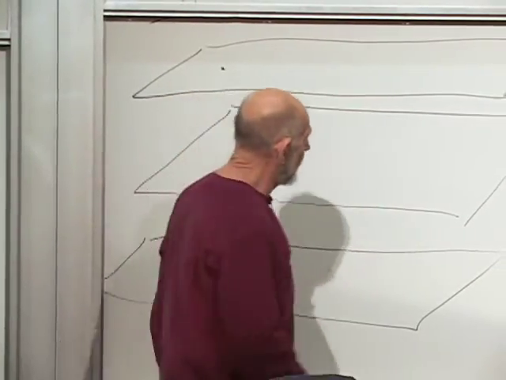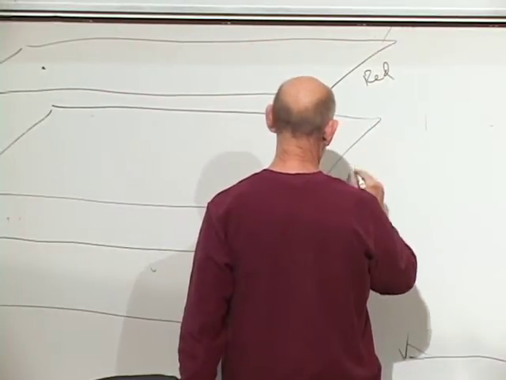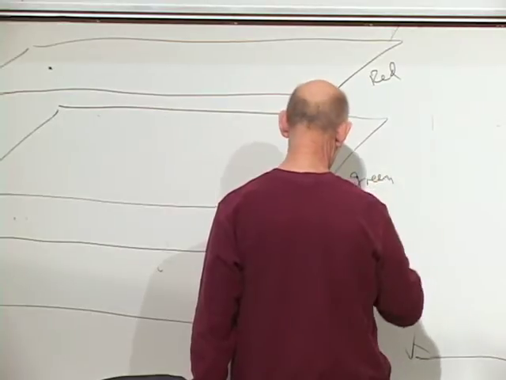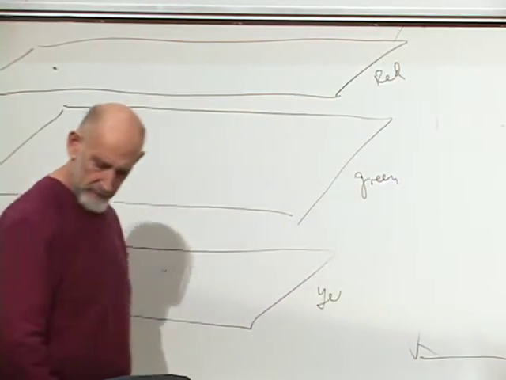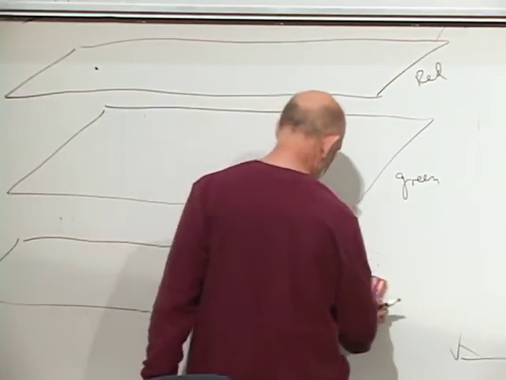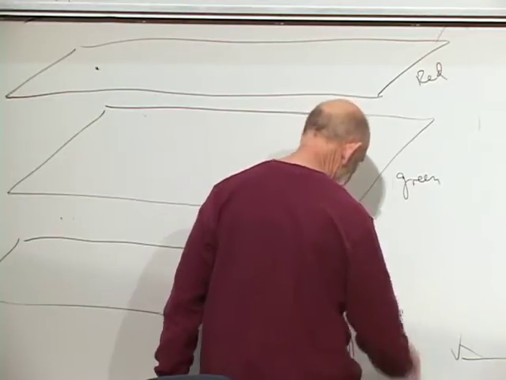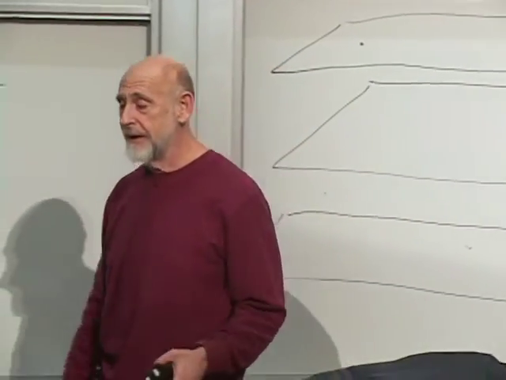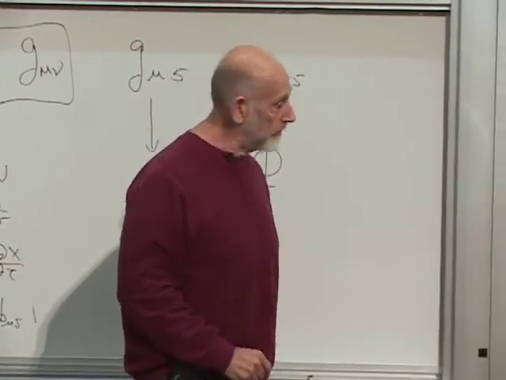And the names I'm going to give them are red, green, and blue. This is just the names of the three branes. Of course, we could have 4, or we could have 7, or we could have 15, but I'm particularly interested in having 3 of them for the moment.